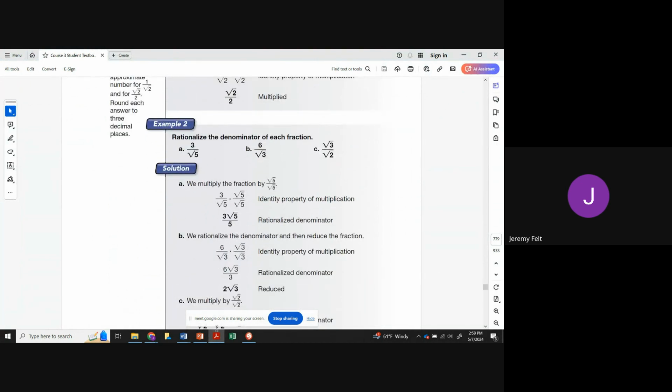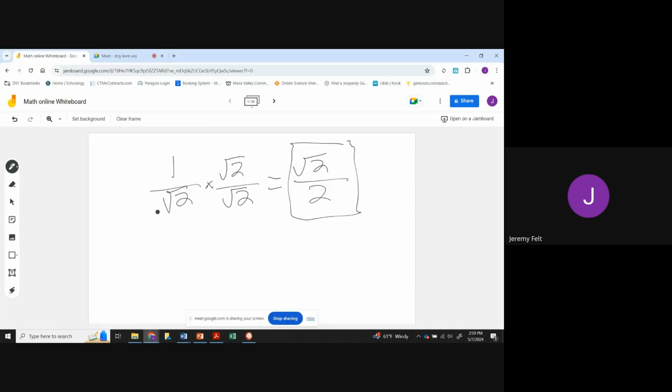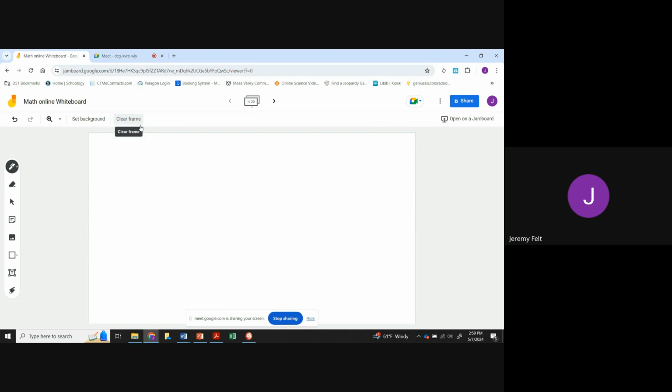And so if we look at these, example 2, we have 3 over the square root of 5. We're going to multiply, and we want to make this 5 essentially, so we need to multiply by the square root of 5.